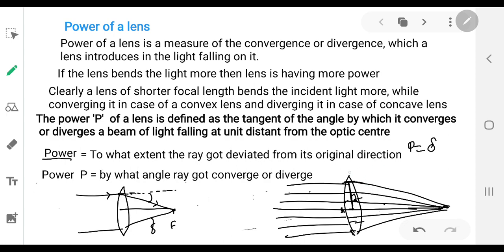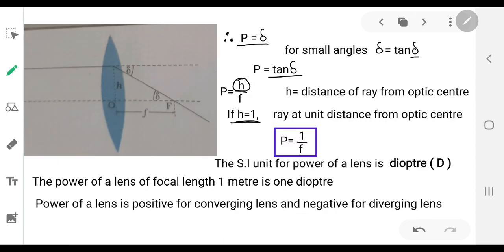So whatever the deviation the lens introduces, whatever the convergence or divergence that a lens is going to introduce in a ray which is at a distance of unity is considered as the power of a lens. That is why we take h is equal to 1. So if you substitute h is equal to 1, P will be equal to 1 upon F.